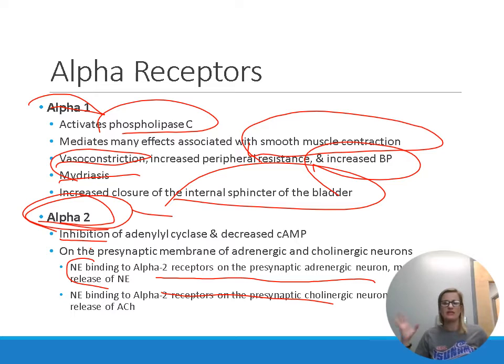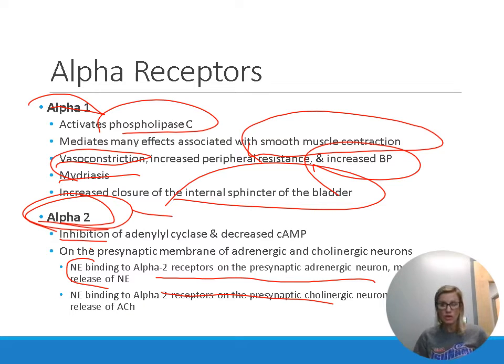So overall, the action of alpha-2 activation is to inhibit the release of norepinephrine or acetylcholine. We do also see that alpha-2 activation inhibits the release of insulin. Typically, when we talk about alpha-2, we're talking about it decreasing the release of norepinephrine.